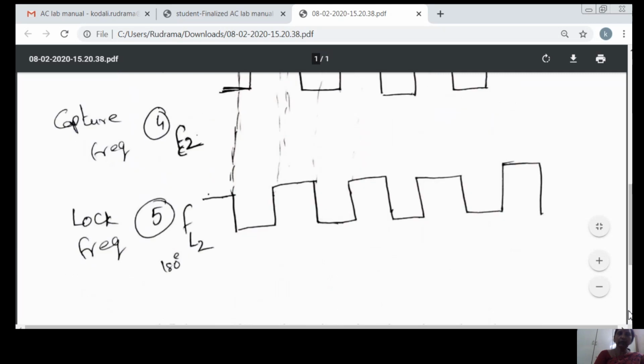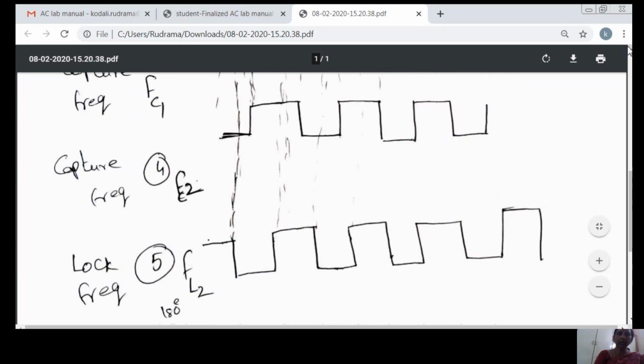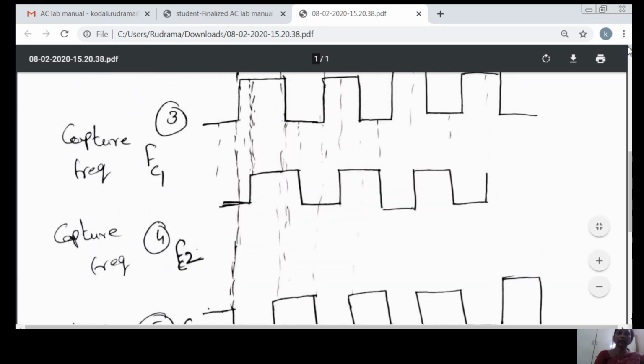Next, when we continuously increase the frequency, the phase of the incoming input signal is going to change or be disturbed, and again it starts going into phase error. So note down the starting of the phase error, which is again called the capture frequency.